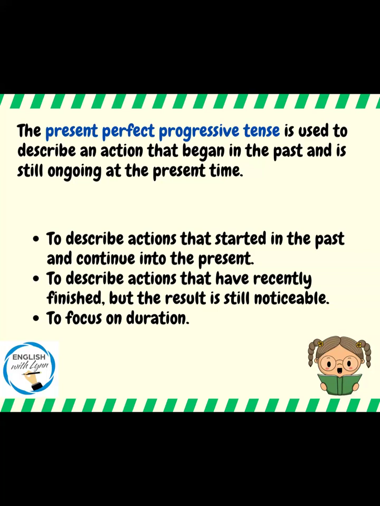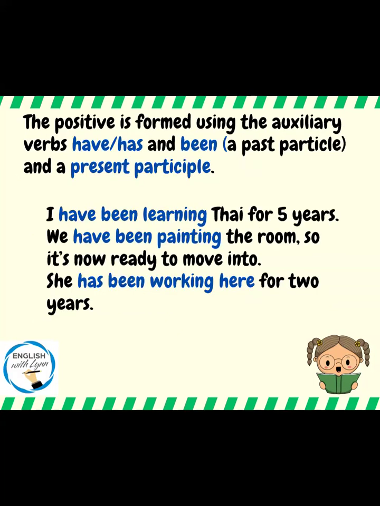Like all of the tenses, there is a positive form, a negative form, and a question form. We are going to begin with looking at the positive form. The way that we structure the positive form, we have got has or have and been, and they are the bits that you will find in the perfect tense.